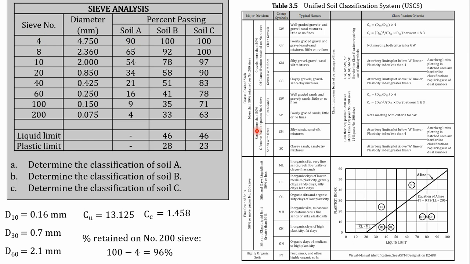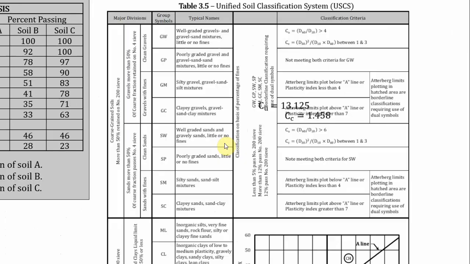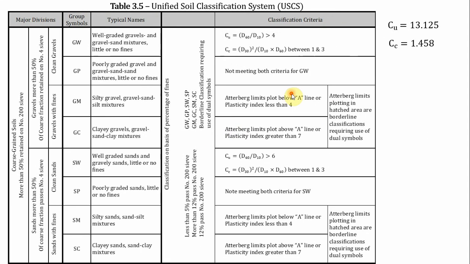Okay, so balik tayo dito class. Yung percent passing in sieve number 4 class, that is 50%. So therefore soil is sand since more than 50% pass number 4 sieve.